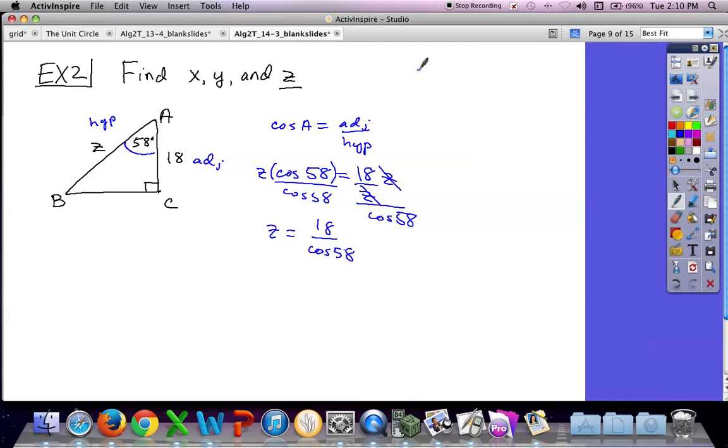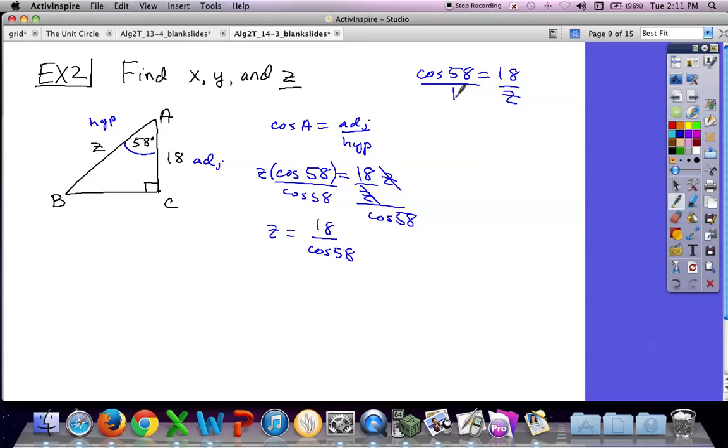Another thing you could do, if you started with the cosine of 58 equals 18 over z and you have a hard time with that, is put it over 1 and cross multiply. At least it gets it out of the denominator. You could even find the cosine of 58 as a first step. Let's see, mode, second.